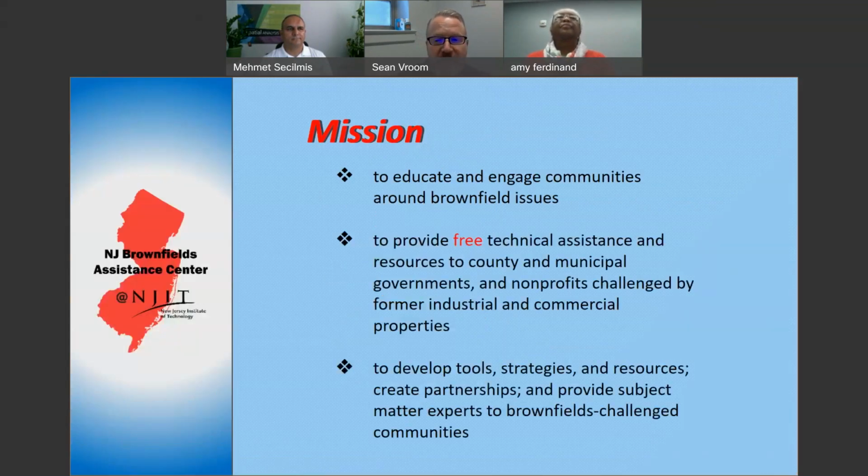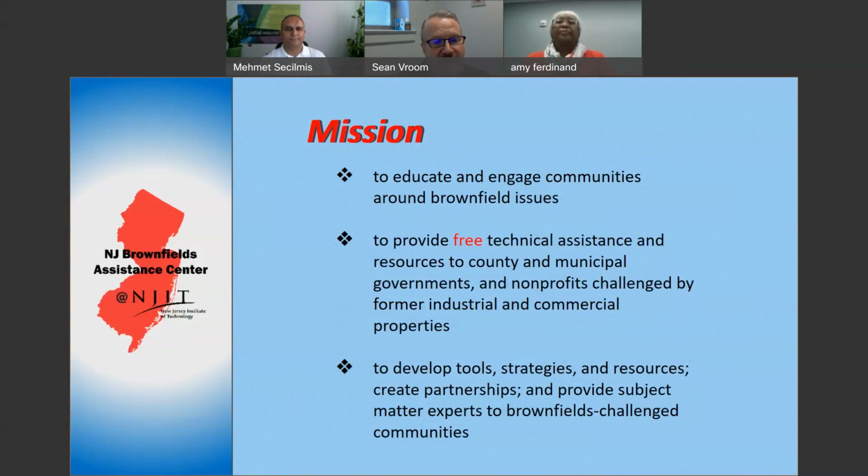So the mission of the New Jersey Brownfields Assistance Center is to educate and engage communities around brownfields issues. It's to provide free technical assistance and resources to county and municipal governments and nonprofits that are challenged by former industrial and commercial properties.